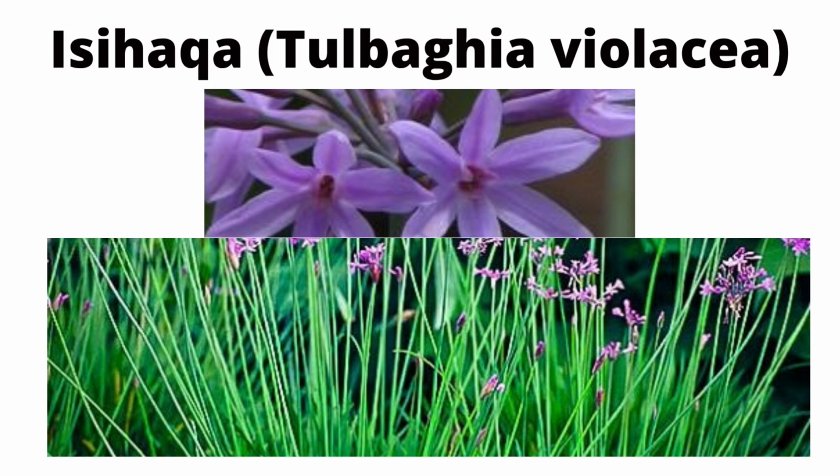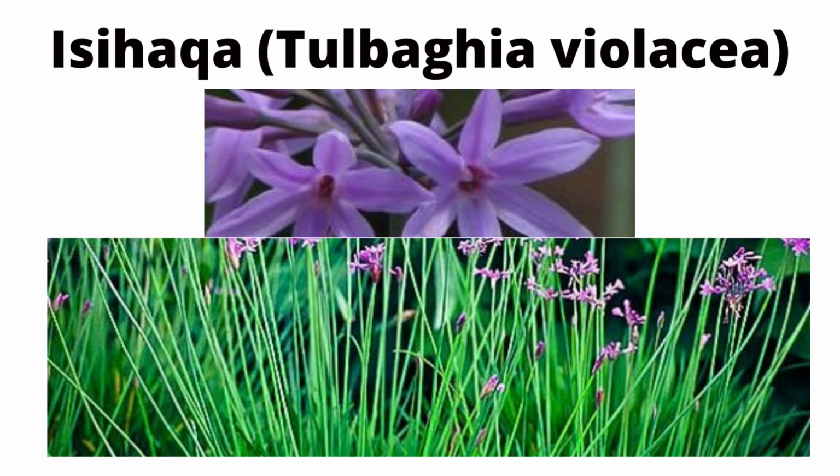So the wild garlic, or Isihaqa, belongs to the same family as onion and the real garlic. I'm going to keep calling it the real garlic, but just know that the real garlic is the Allium sativum. The wild garlic, which is Isihaqa, has the same properties as the real garlic.